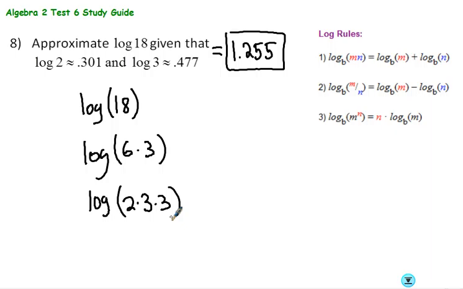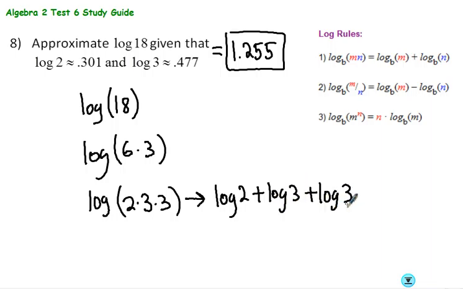And so now I can rewrite this because I can pull this apart. I can give each term its own log. So I can say log 2 plus log 3 plus log 3. And log 2 would be 0.301.